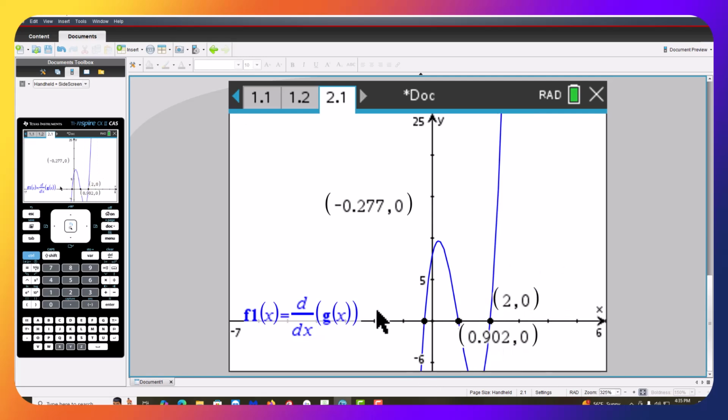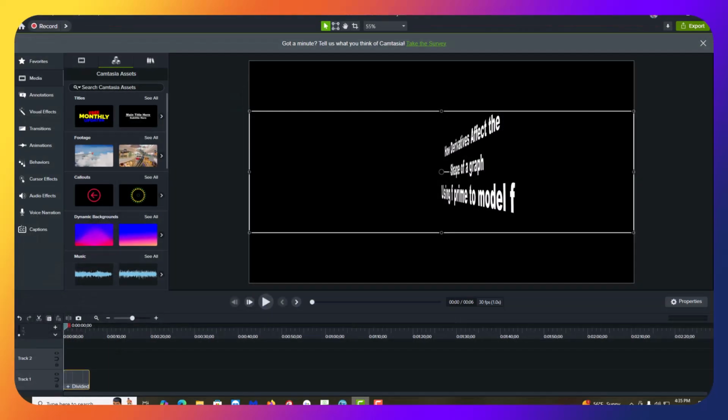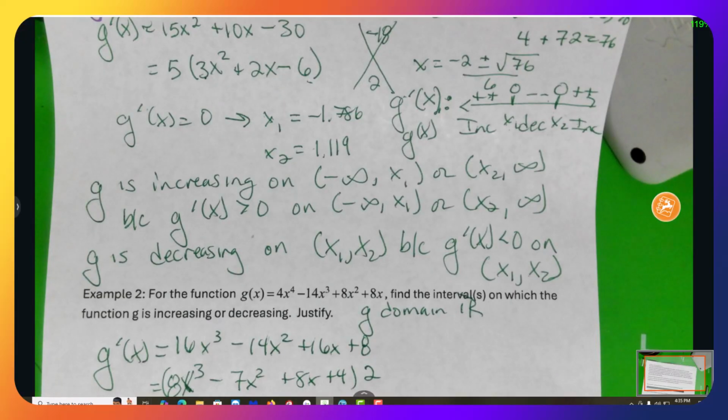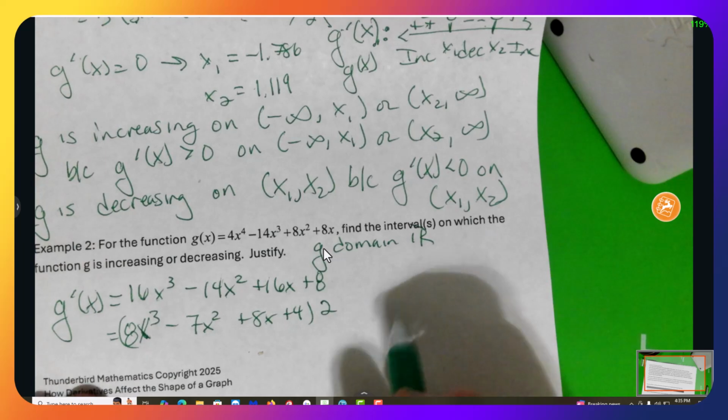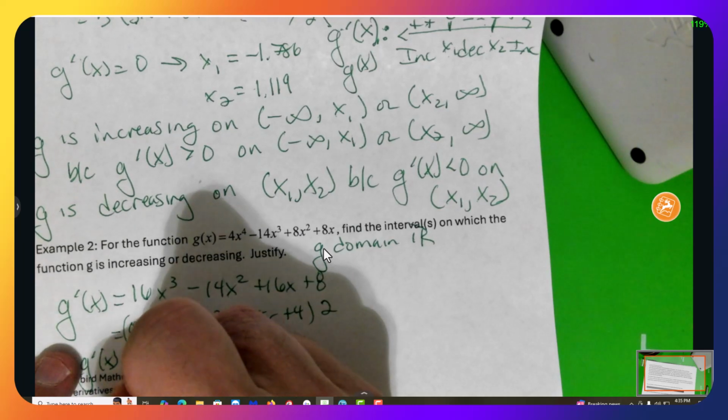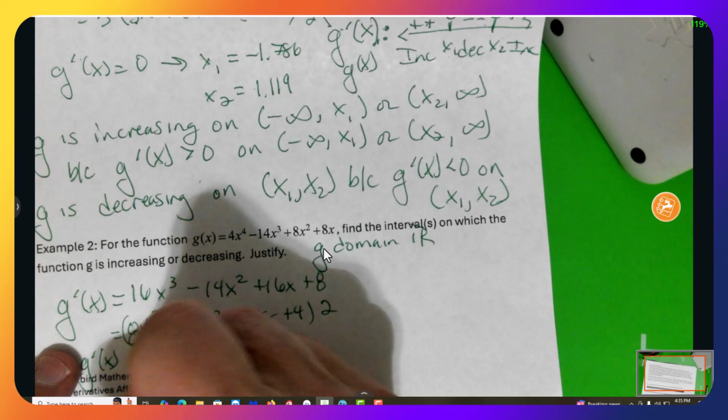Okay, now let me write that on some paper so I have that. 0.277, 0.902 and 2. Now, so I'm going to go g prime of x does not exist.